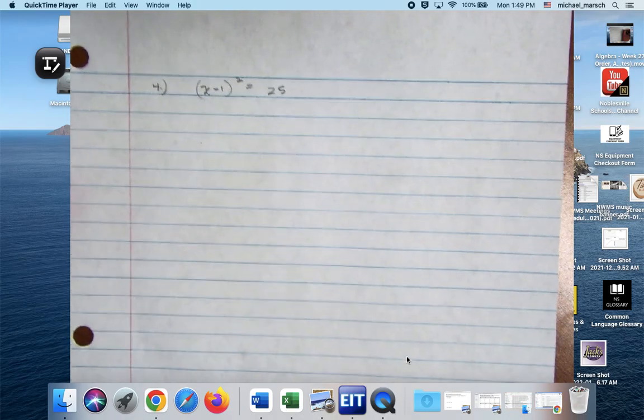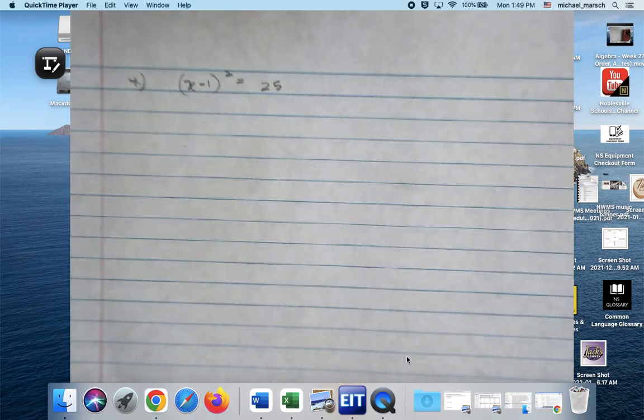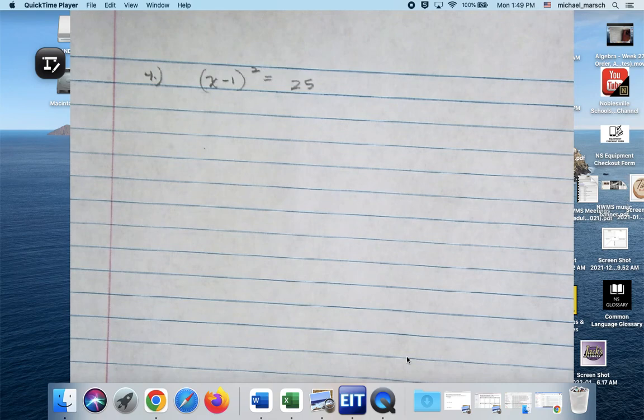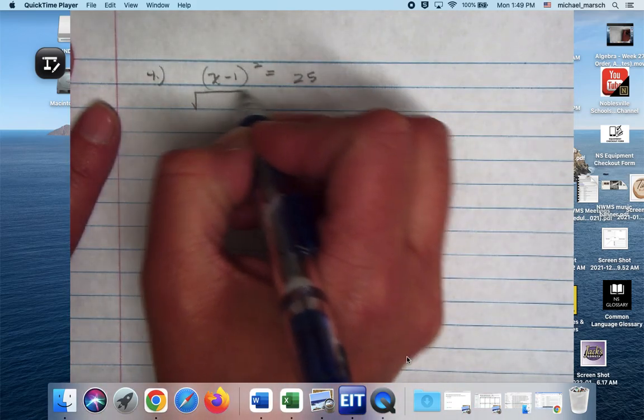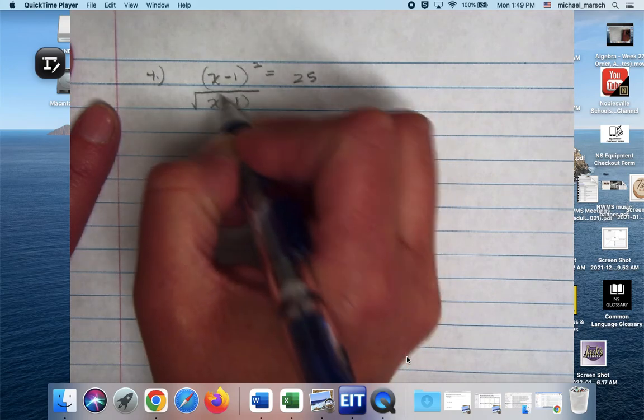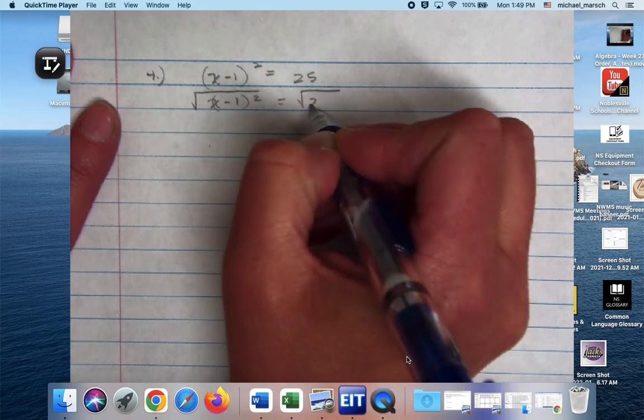So this one would look a little different because we have a whole quantity that is squared. So I'm going to take the square root of this whole quantity and the square root of 25.